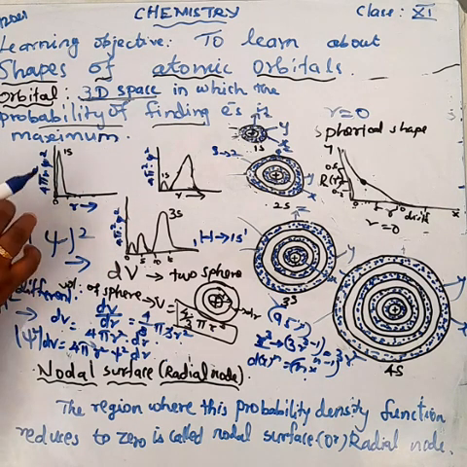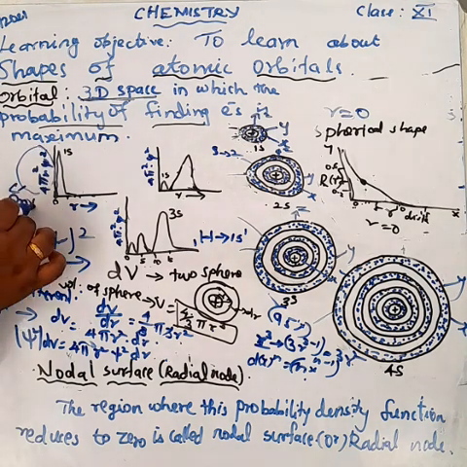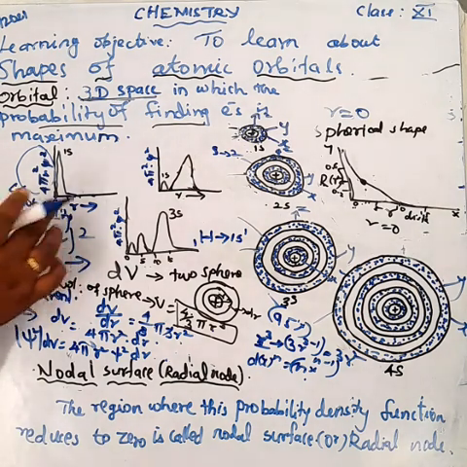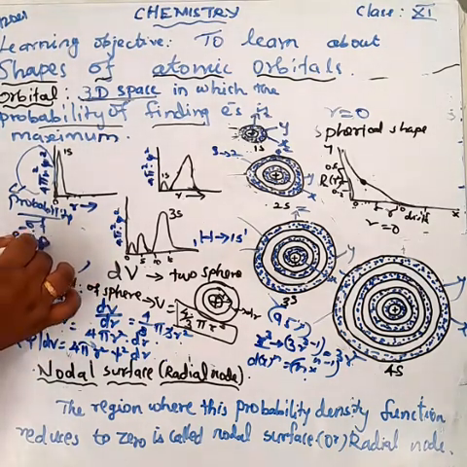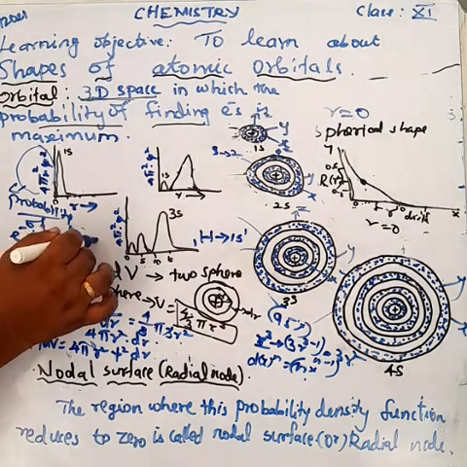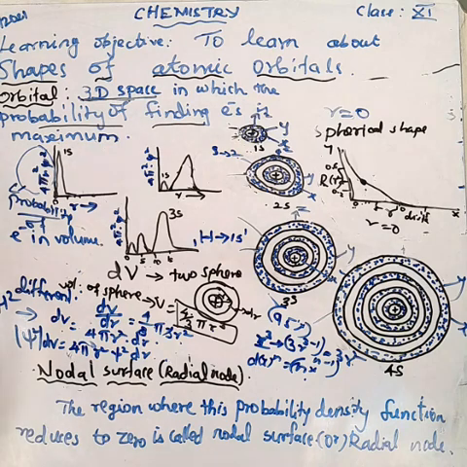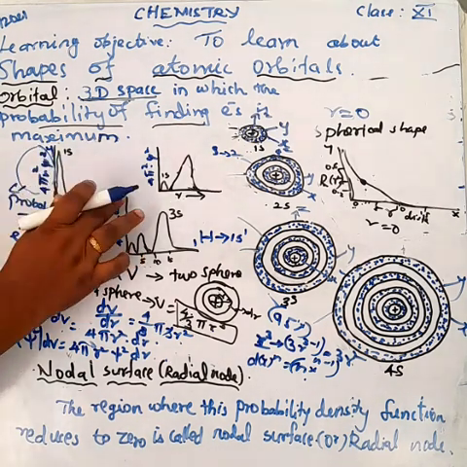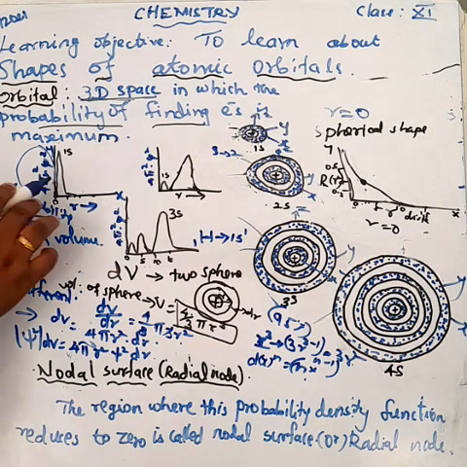This 4 pi r square psi square represents the maximum probability of electrons in the given volume of space. I take this on the y-axis and r on the x-axis, and I plotted the graph.